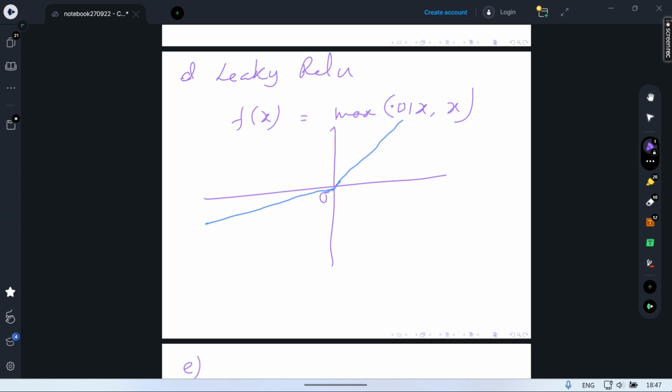As a result, on average, the output is much closer to 0 compared to ReLU.